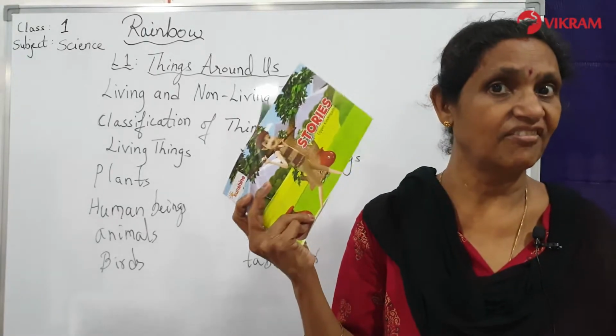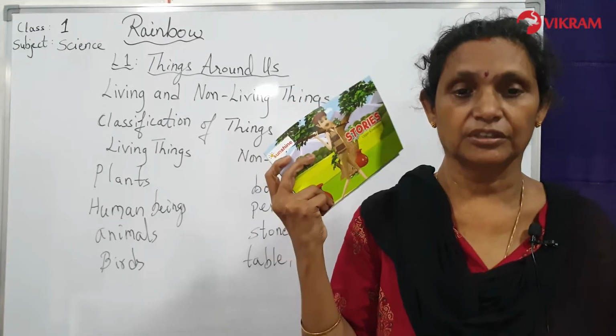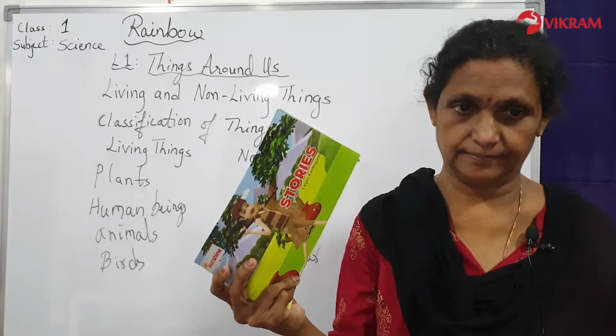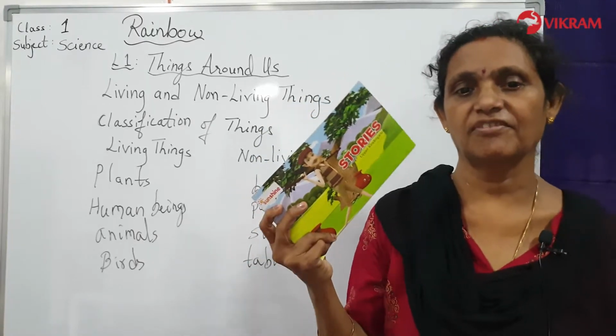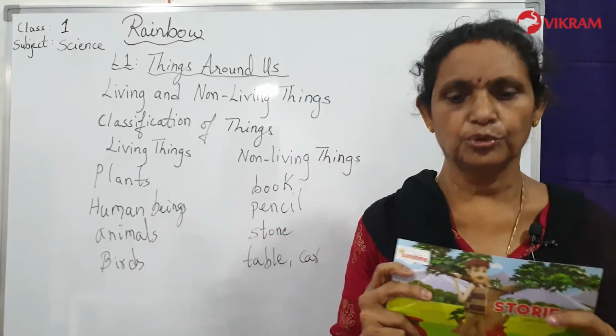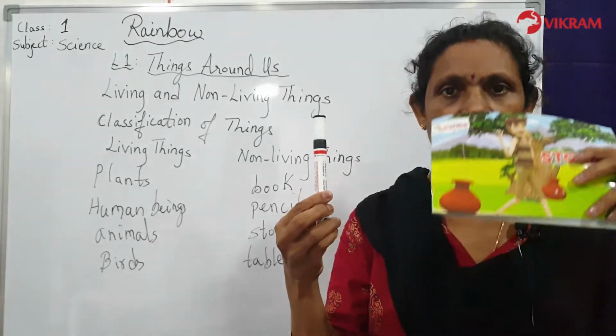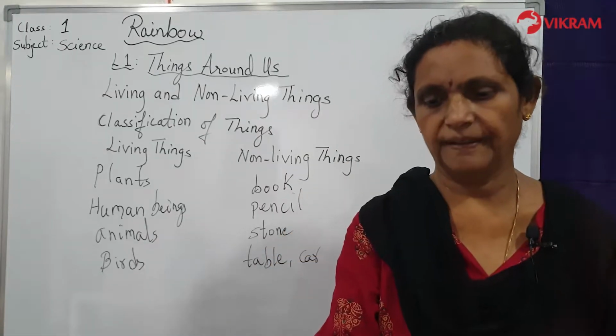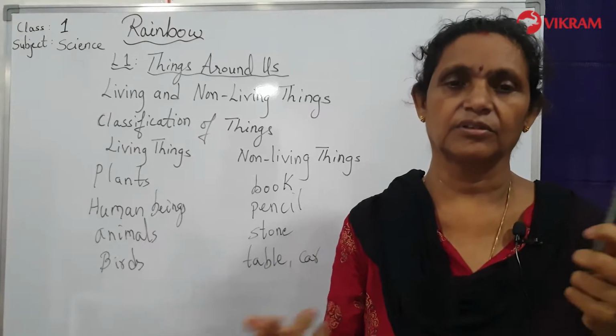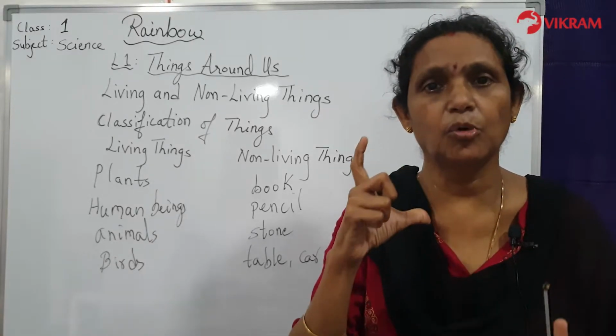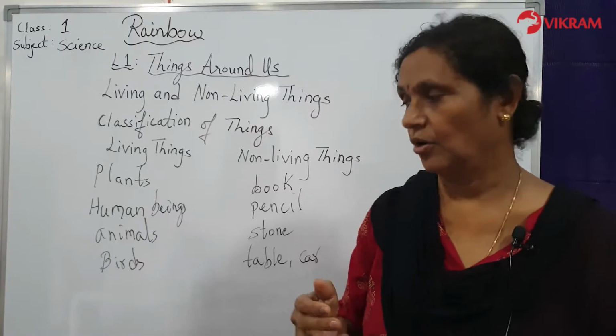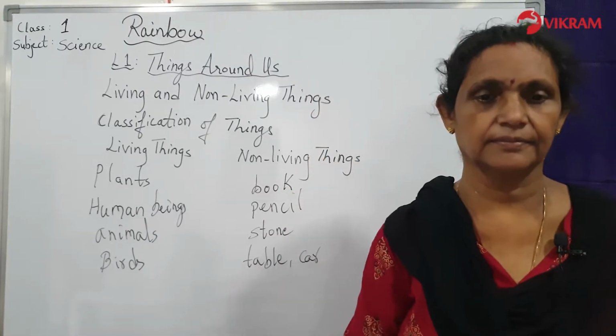This does not have life. So this is called a non-living thing. Things which do not have life are non-living things. So you can say a pen, a mobile, a book, a pencil, anything can be non-living thing. Even a mobile, even a car, all these are non-living things.